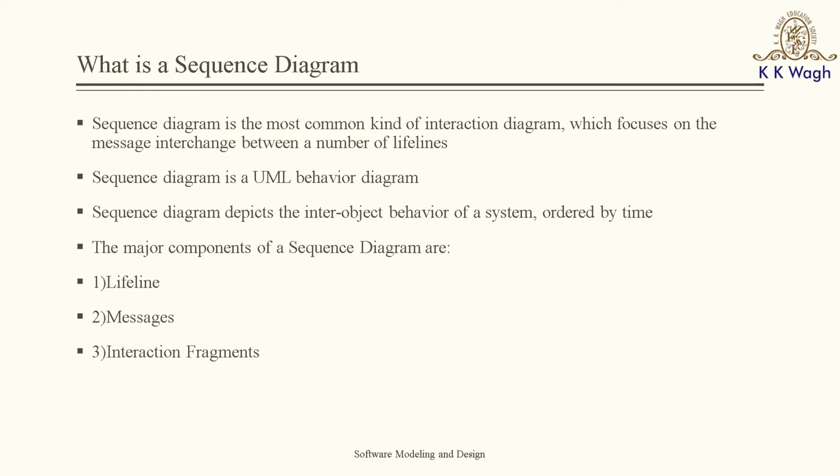The major components of sequence diagrams are lifeline, messages, and interaction fragments. Users tend to be able to understand sequence diagrams better than any other diagrams. So this is all about sequence diagrams.